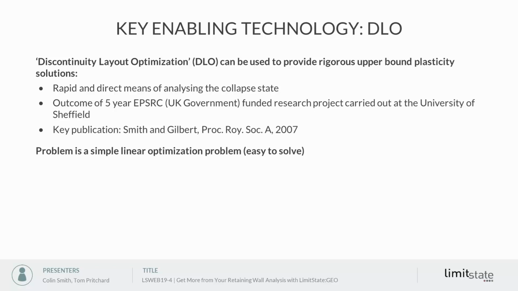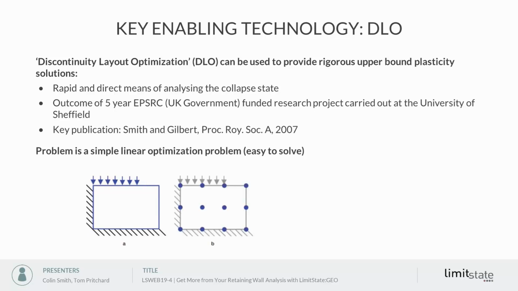To explain how it works, which hopefully will give you an insight as to how to best use the software, we'll take a very simple problem here. We've got a rectangular block of soil, fixed on the left-hand side of the base with a surcharge on the surface.